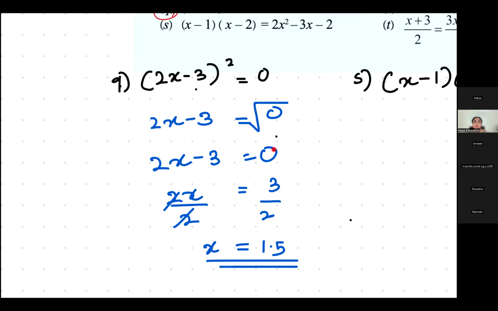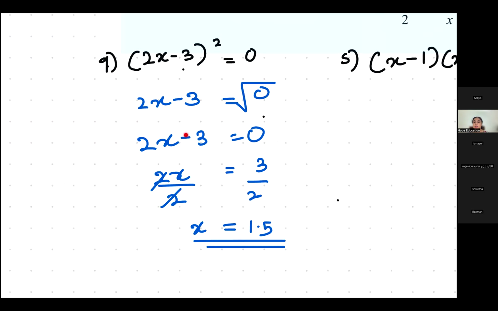Then this minus 3 I bring to the other side, it becomes plus 3. So 2x equals 3, and dividing both sides by 2, we get x equals 3 divided by 2, which is 1.5.